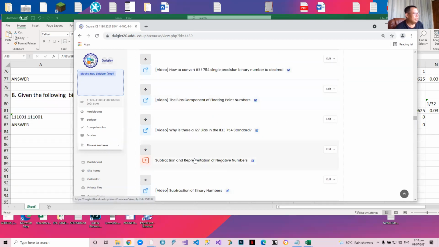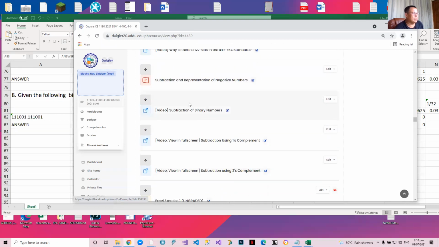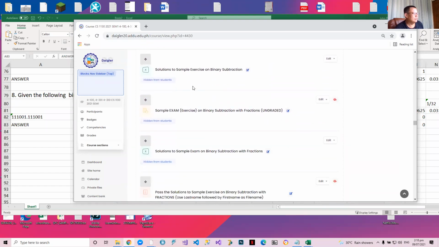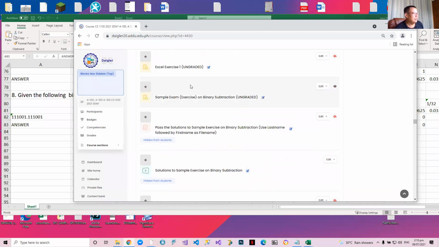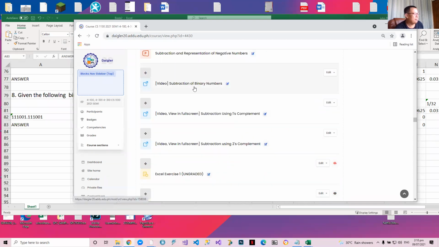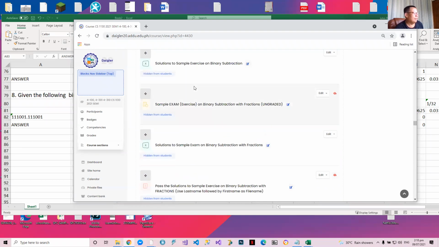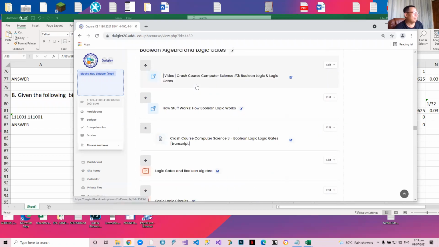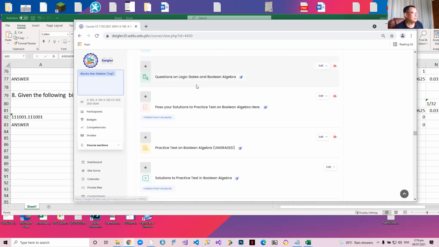You read this slide. Subtraction and representation of negative numbers. We will discuss this next meeting. Okay. And then I will show you the solution, of course. And remember, after that, we'll have one more topic, which is Boolean algebra.